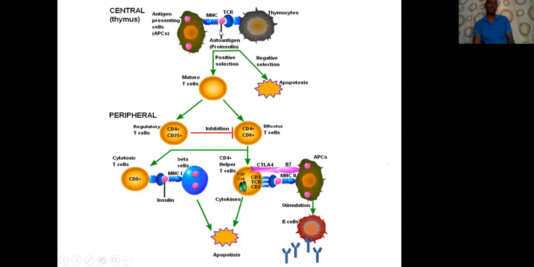And once this processing and presenting happens, there are two ways: negative selection and positive selection. Negative selection means this recognition will be destroyed, and positive selection means this recognition happens and mature T cells form. We know that immature T cells become mature T cells, which we have discussed.